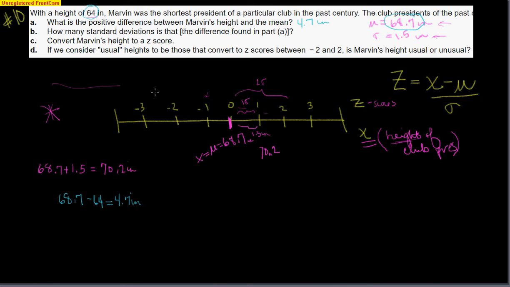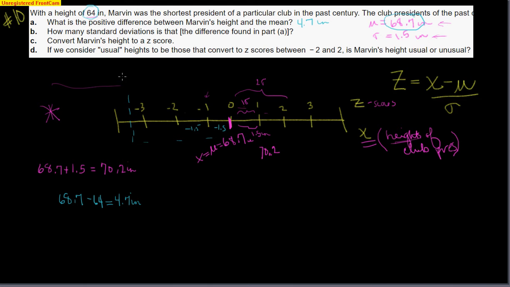Well, I'm not exactly sure where 64 is. We could go through the exercise of finding each of these values, but my guess is it's somewhere over here because 64 is pretty low, and each standard deviation is only 1.5. So I'm going to assume it's about here. So this distance is minus 1.5 inches, minus 1.5 inches, and so on.